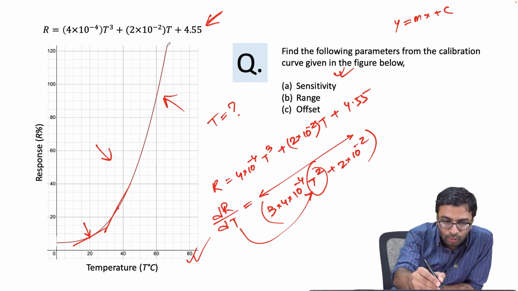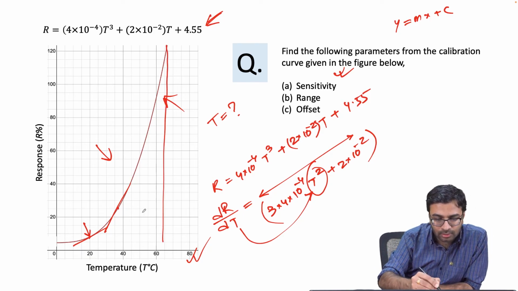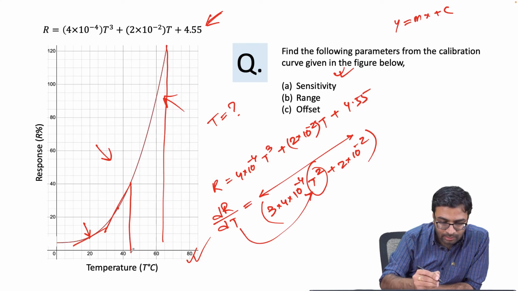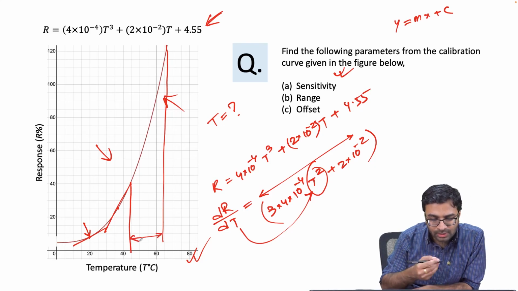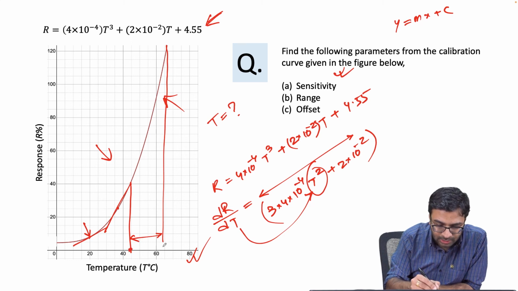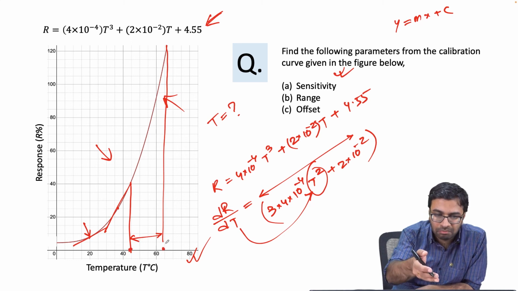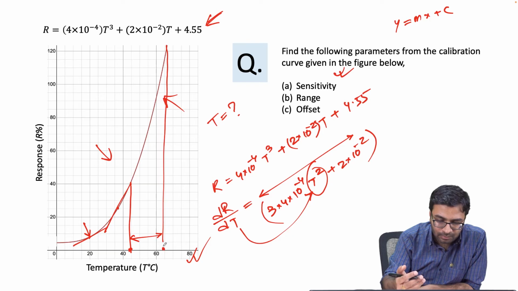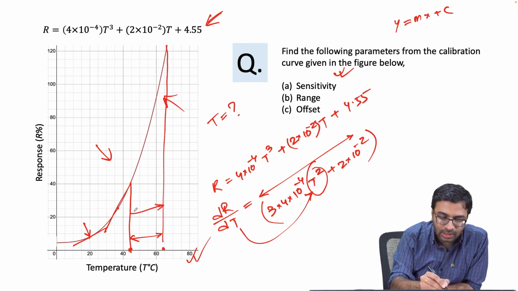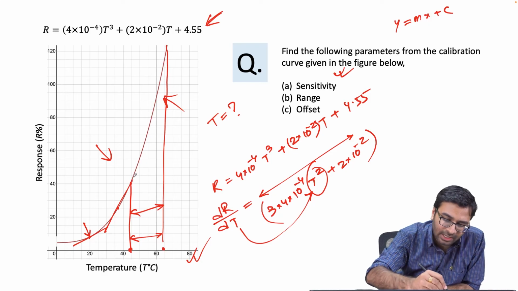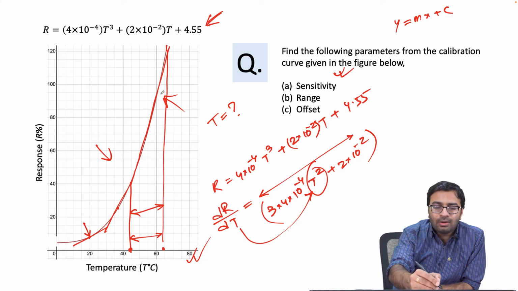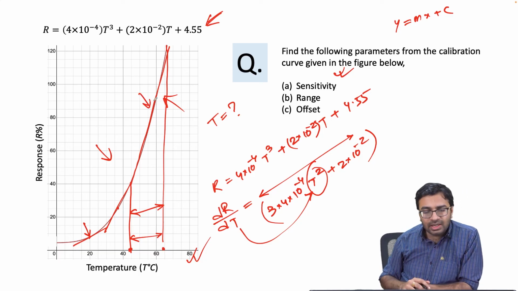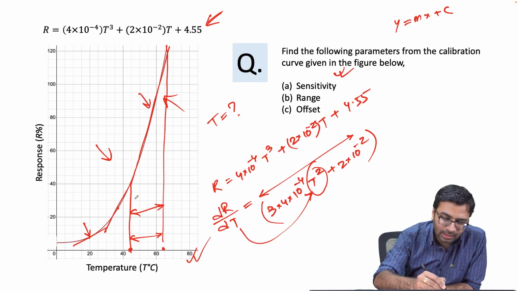However, if you look at the response, say between 52 or say this point to 60 or maybe 65, whatever it is, you can calculate. In this range, if you look at the calibration curve, it's fairly linear, right. So in this case, you may tell that the sensitivity is more or less constant in this range.